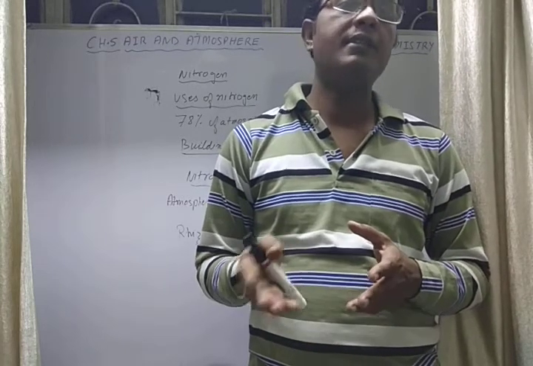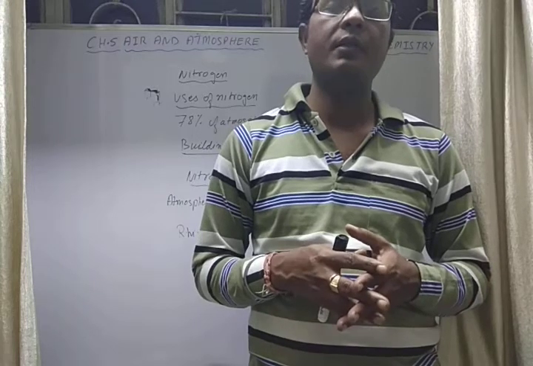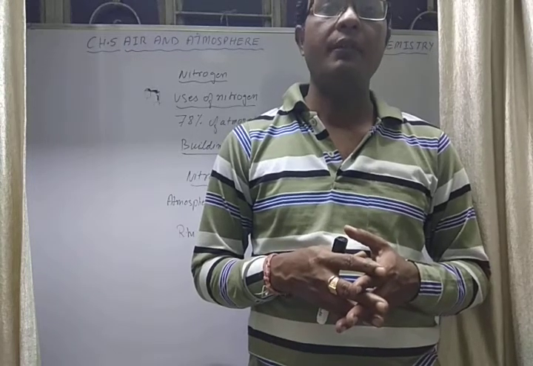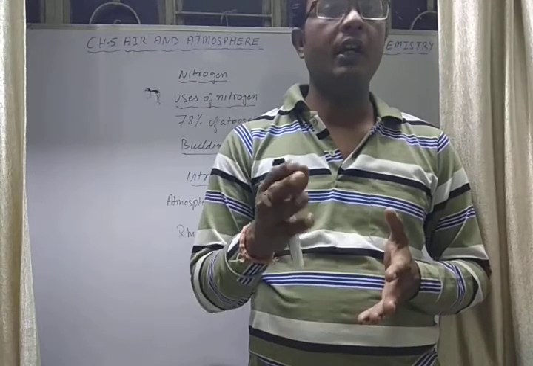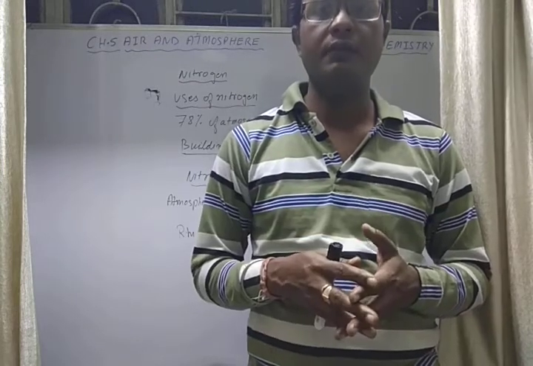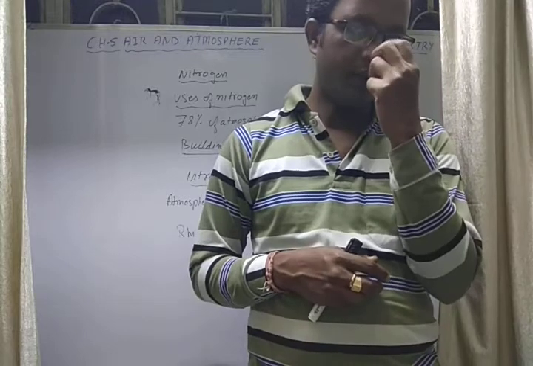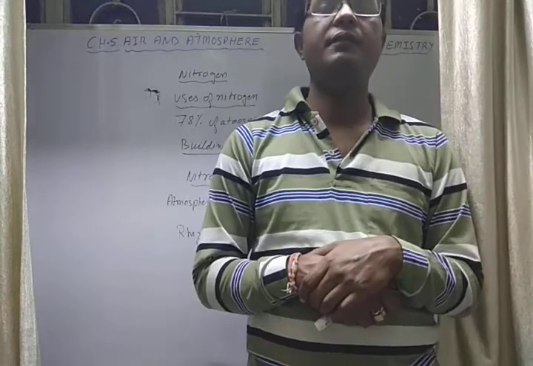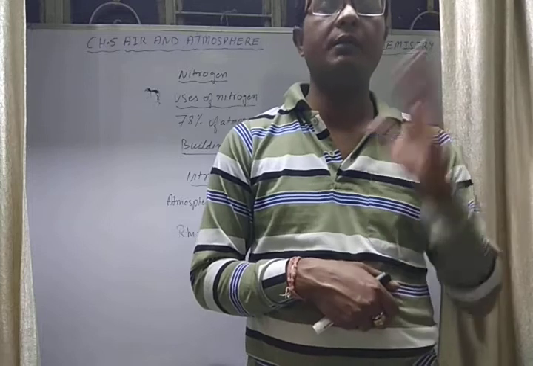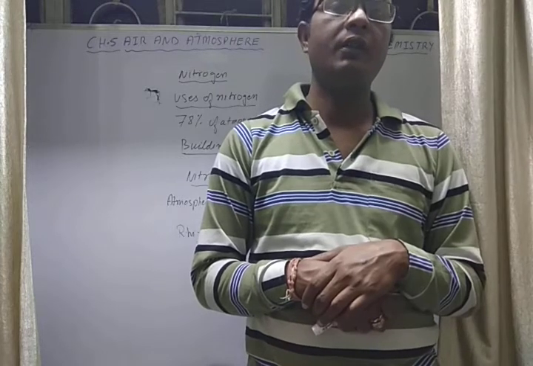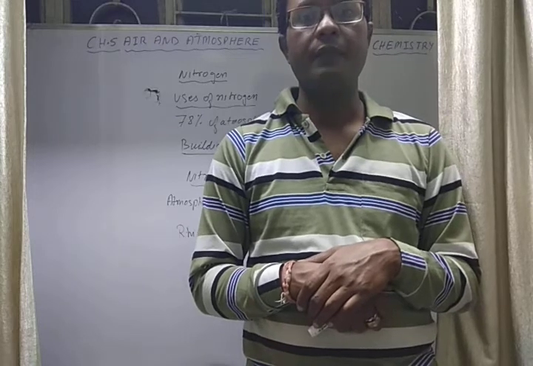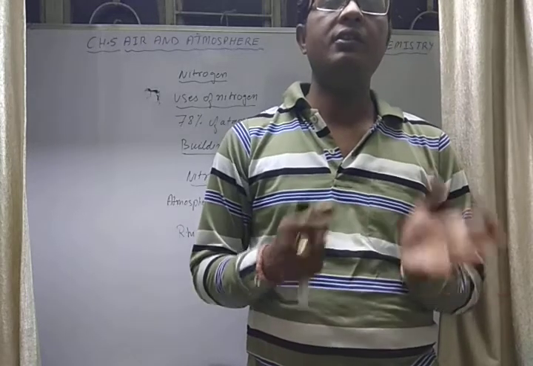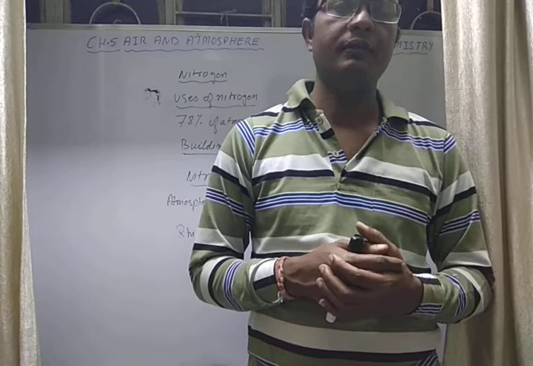From the soil, the crops absorb that nitrogen. That's why earthworms are also called farmers' friend, because they increase the fertility of the soil by converting atmospheric nitrogen into soluble compounds of nitrogen and mixing them into the soil. So in this way, nitrogen is very important for us.